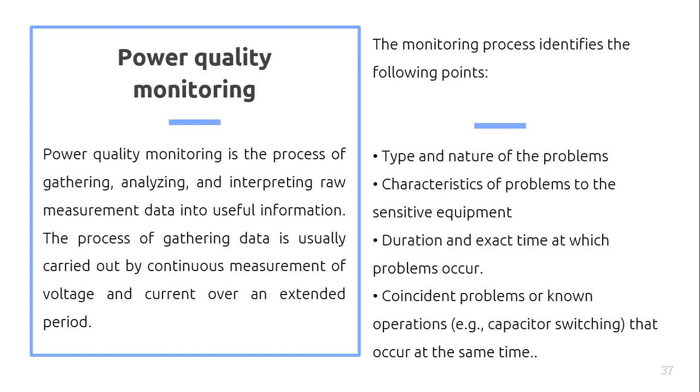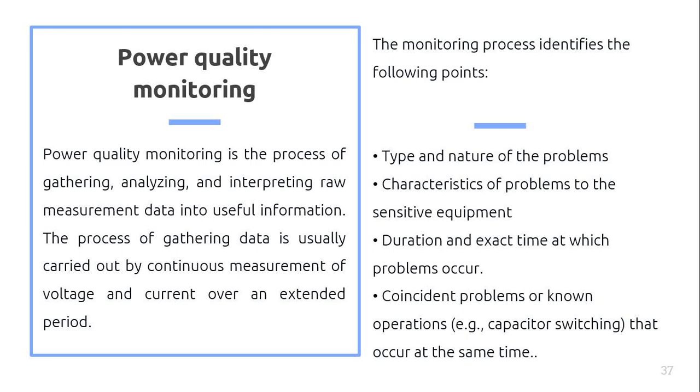Power quality monitoring is the process of gathering, analyzing and interpreting raw measurement data into useful information. The process of gathering data is usually carried out by continuous measurement of voltage and current over an extended period. The monitoring process identifies the following points. Why do we require monitoring?